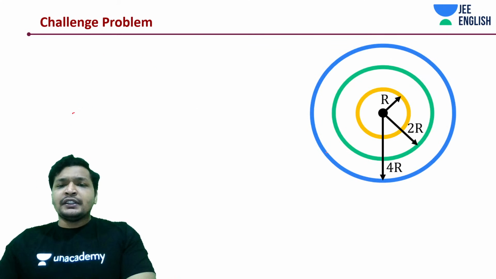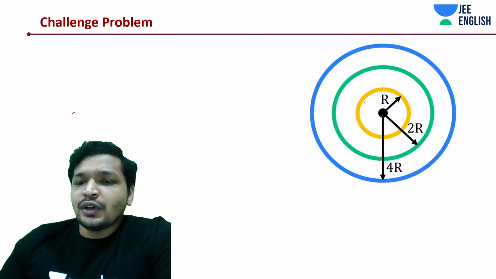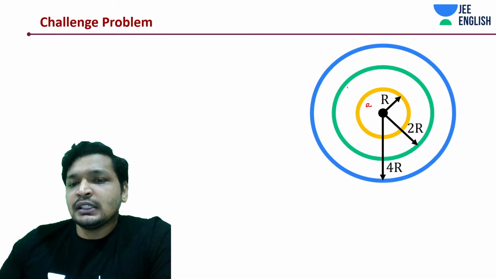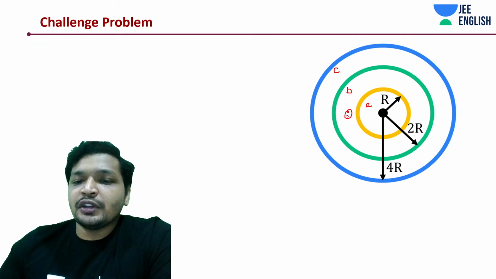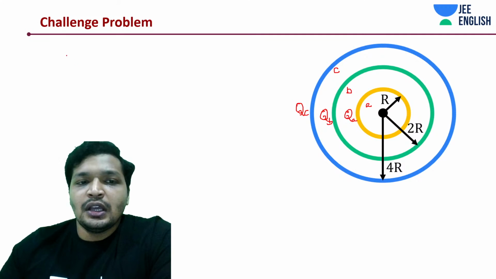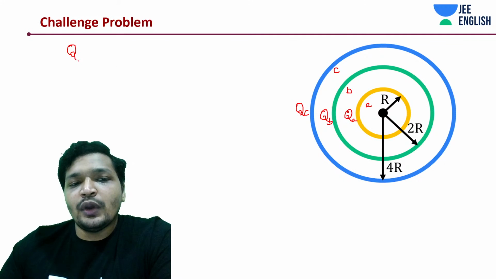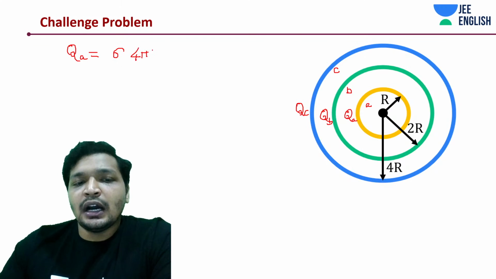So first of all, I'm going to define these surfaces and the charges on them. I'm going to call this sphere A, this green one B, and the blue one C. The charge on this is going to be QA, on this QB, and on this QC. And what is QA, guys? QA is going to be sigma into 4 pi r square.